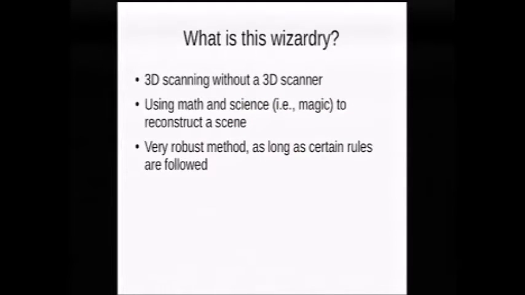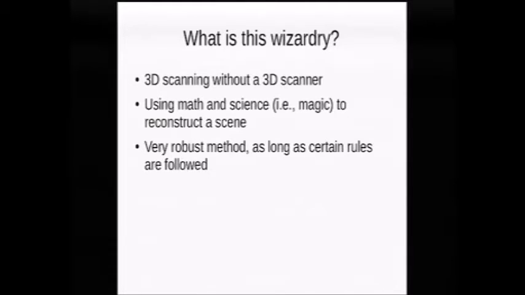So what are we talking about when we're talking about 3D scanning? This is a really interesting crossroads in technology. There's a lot of science and math involved with what's going on. We're dealing with optical properties, and physical, mechanical engineering concepts.